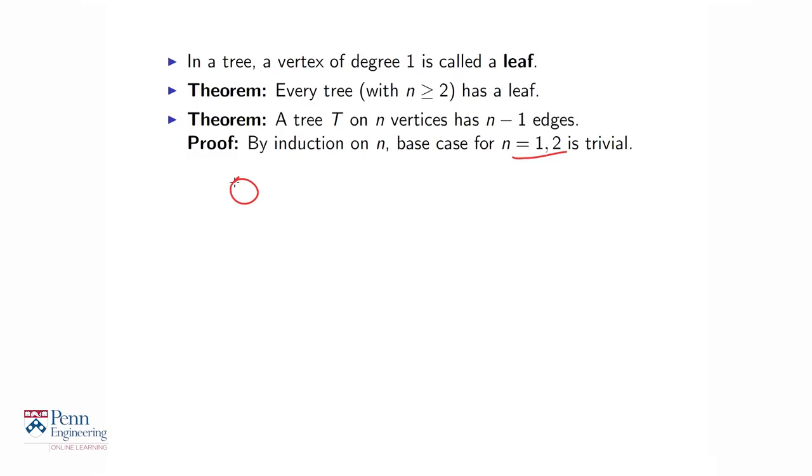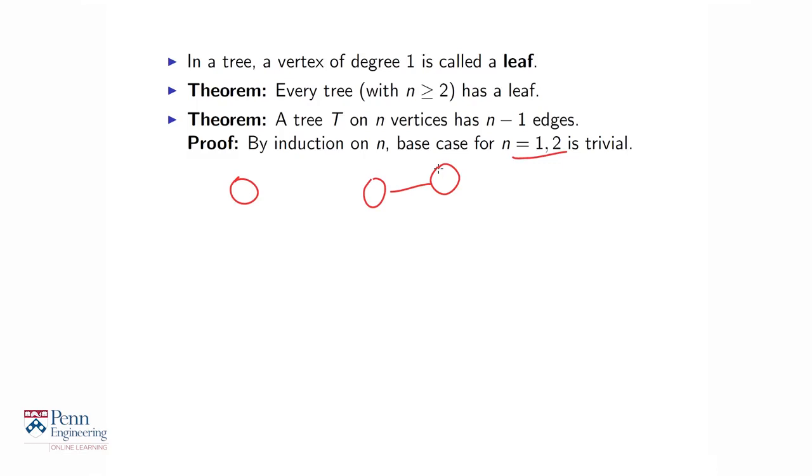The second base case is n equal to 2. The only tree, I mean a connected but acyclic graph, is this one. There are 2 vertices and 1 edge, and clearly 1 is 2 minus 1. So the number of edges is 1 less than the number of vertices. So the base cases are fine.